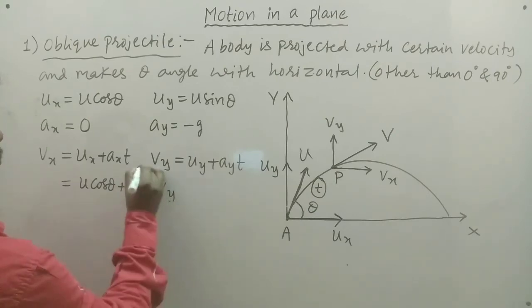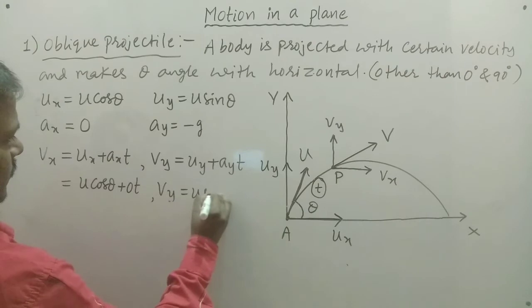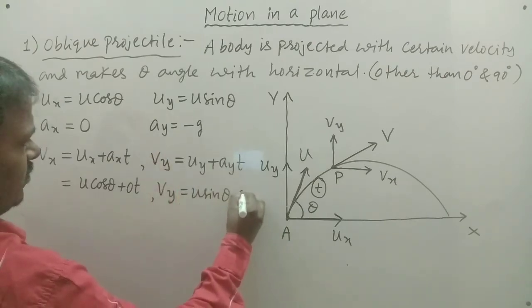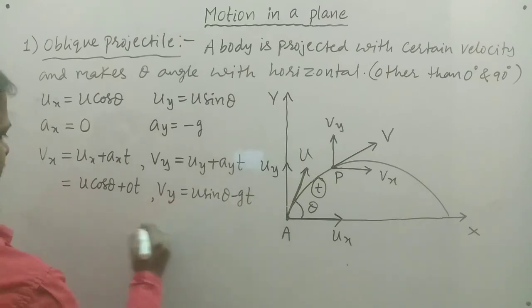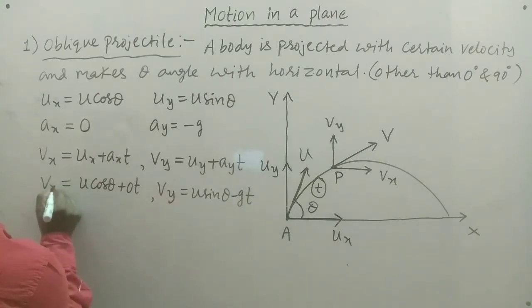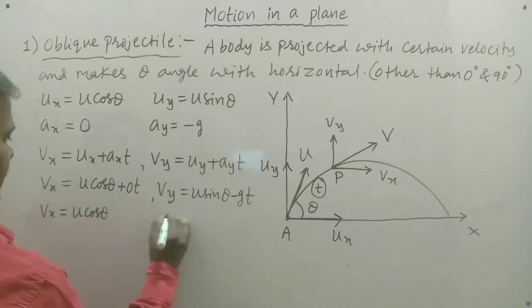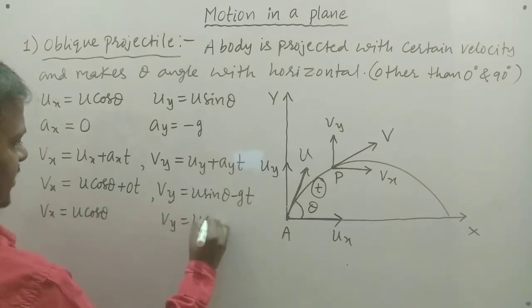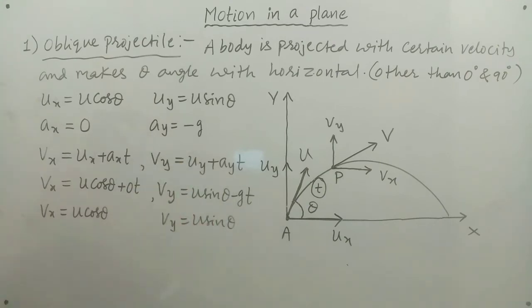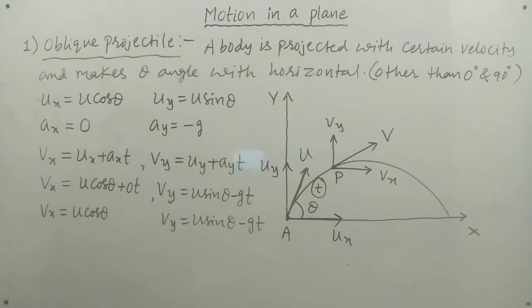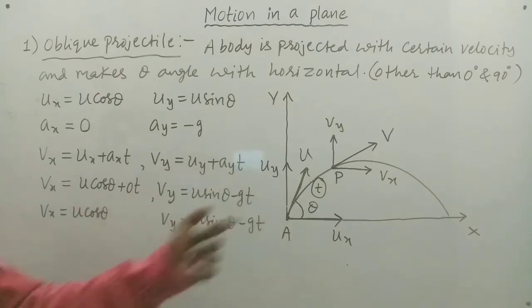Vy: uy is u sin theta, ay is minus g, so this becomes minus gt. Here, this is Vx. Vx is equal to u cos theta. Vy is equal to u sin theta minus gt.